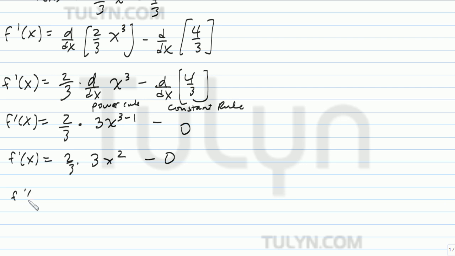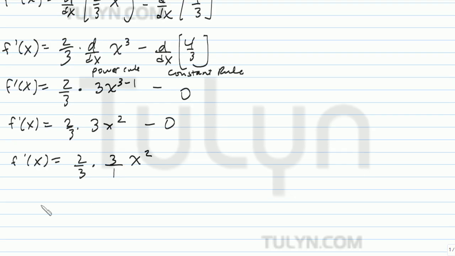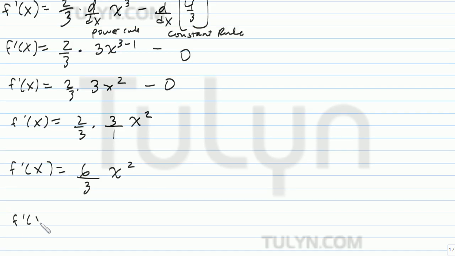So f prime of x is equal to 2/3 times 3 divided by 1 x squared. And so f prime of x is equal to 2 times 3, numerator times numerator is 6, over denominator times denominator, which is 3 times 1 is 3, x squared. And so f prime of x is equal to 2x squared.